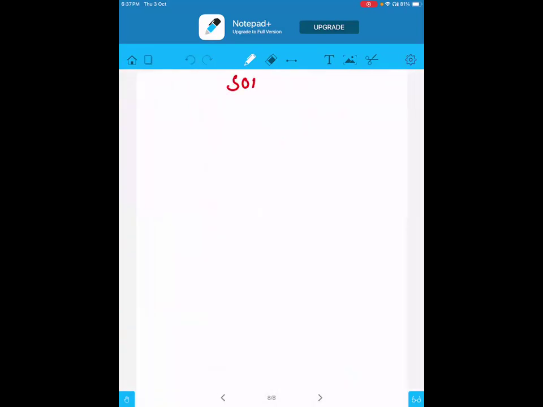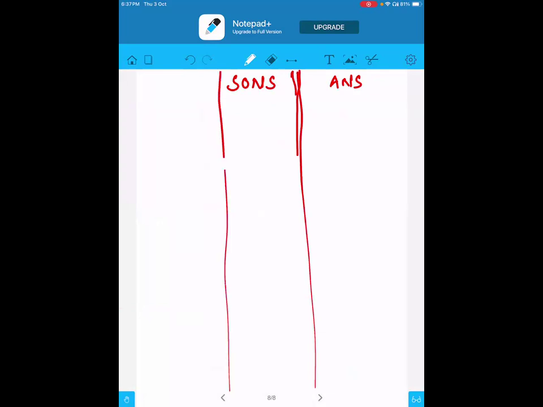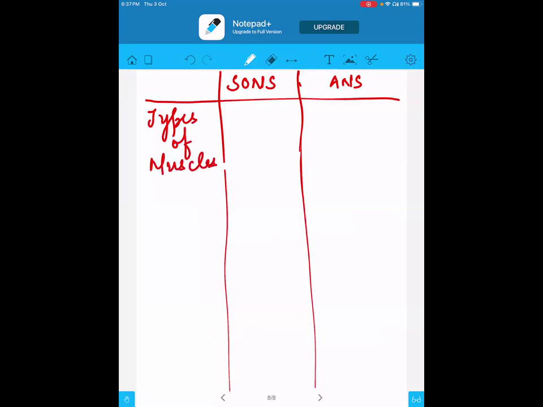Then the next one, the types of muscle action. You might have learned in grade 9 about the types of muscular tissue: skeletal tissue, cardiac tissue, and smooth muscular tissue.